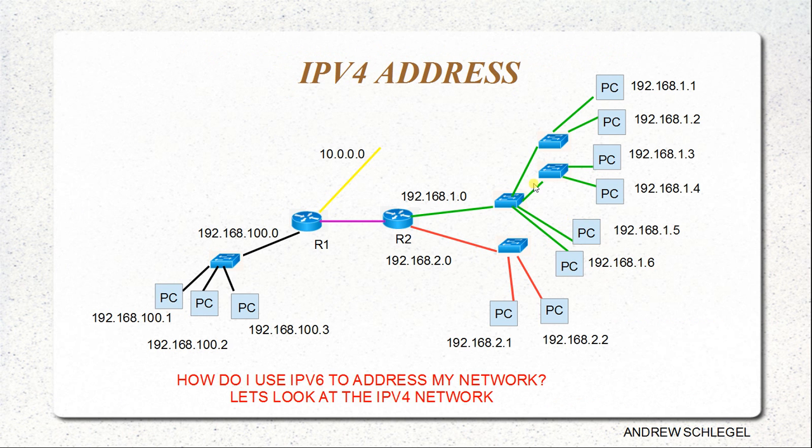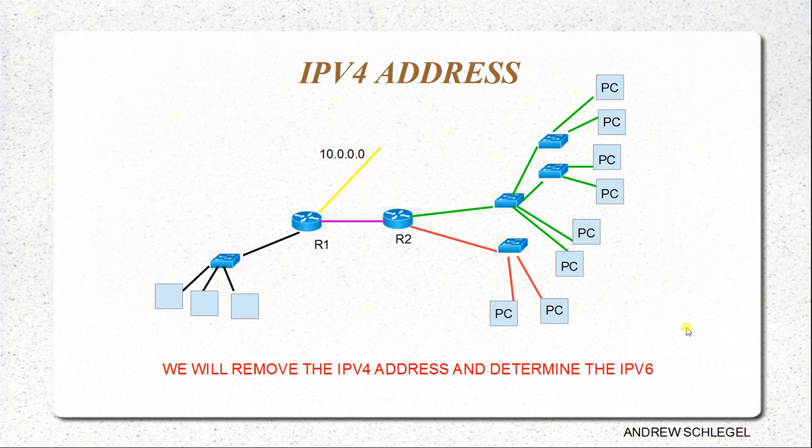Okay. So that's great, and we looked at an IPv4 network, right? We did that. So how do I use that to actually address my network using IPv6? So I removed the IPv4 addressing, right?